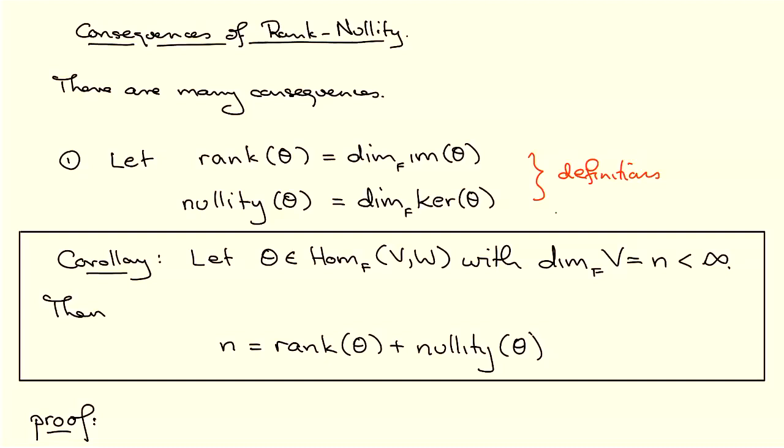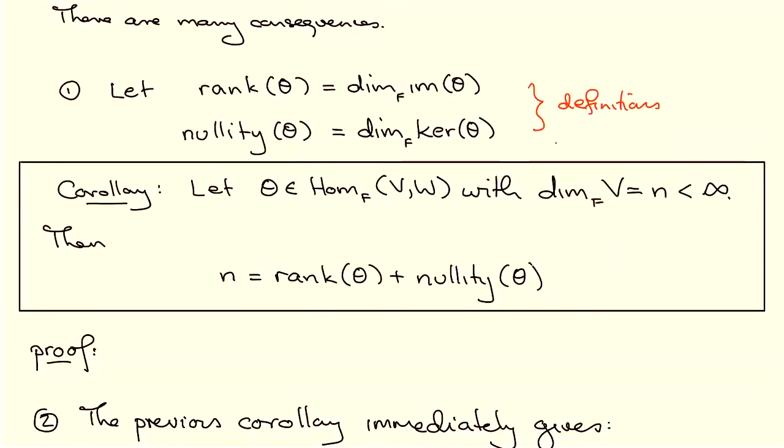And so if we have a linear transformation from V to W, and we know that the dimension of V is finite, which is important for this consequence, then in fact the rank and the nullity are both finite as well. The nullity has to be finite because it's the dimension of a subspace of V, and in particular the dimension of the image is also finite, but that's clear enough as well. And moreover, they add up to the dimension of V. But this we've already done.